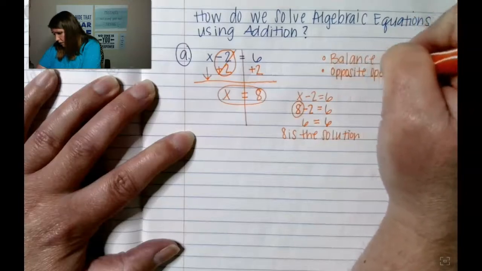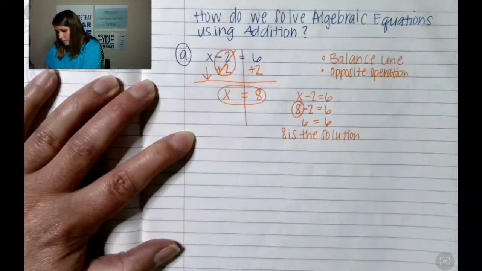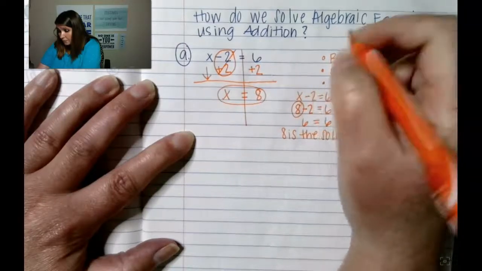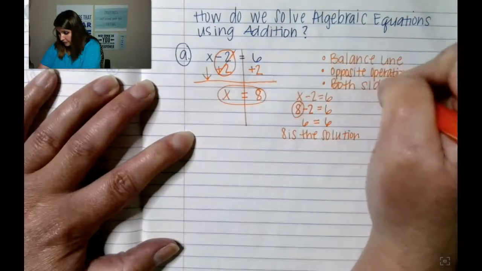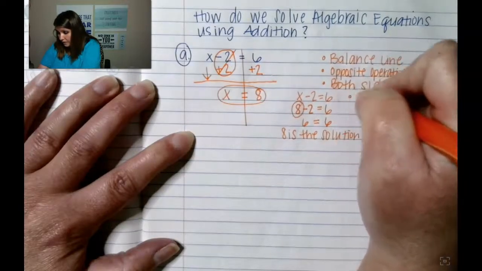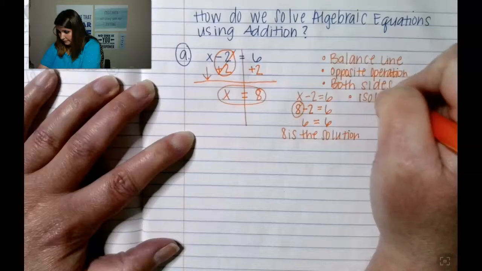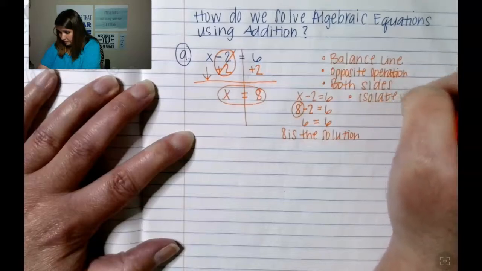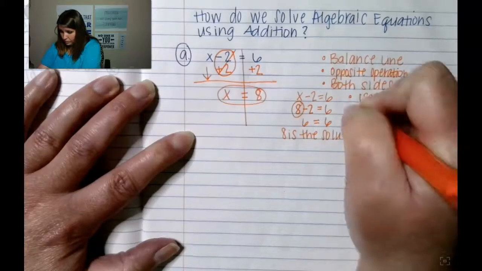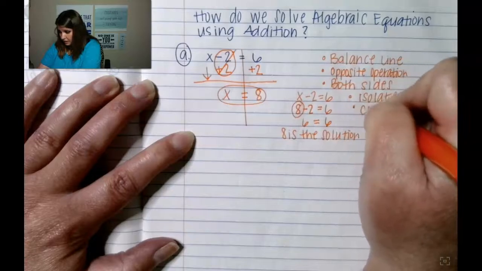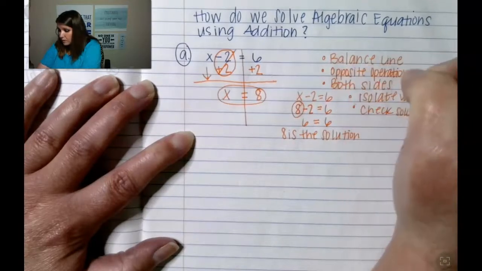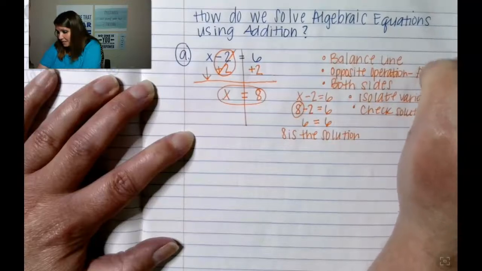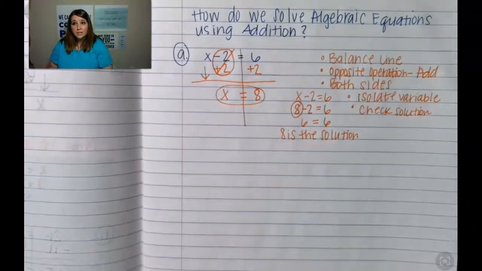Do it to both sides. I want to isolate the variable. And check solution. Okay, so opposite operation was add this time. So this time we had to do addition.